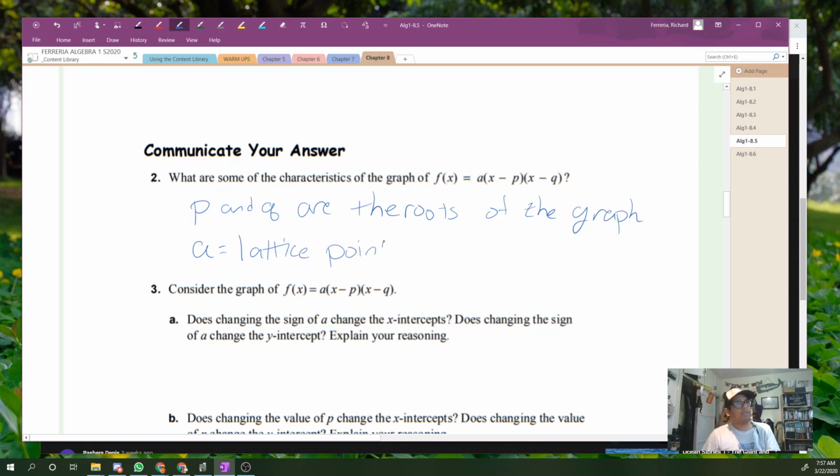You probably won't see this. And a also says direction. Remember, direction for a parabola in Algebra 1 is either up or down. Let's turn these into something that's not handwritten, and we'll move on.